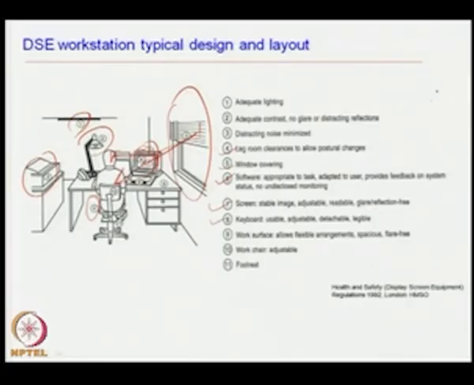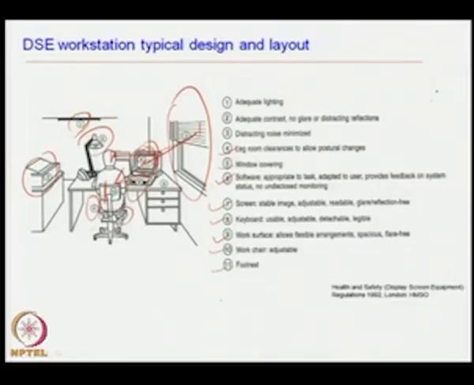Number 8, the keyboard: usable, adjustable, detachable, legible. Then number 9 is the work surface, this tabletop surface, allows flexible arrangements, spacious, glare free. Number 10 is the chair: height adjustable, backrest adjustability, and the footrest if it is necessary can be provided.